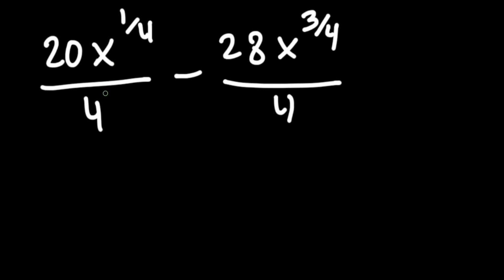And now we just simply need to divide. 20 divided by 4 is 5, and 28 divided by 4 is 7.